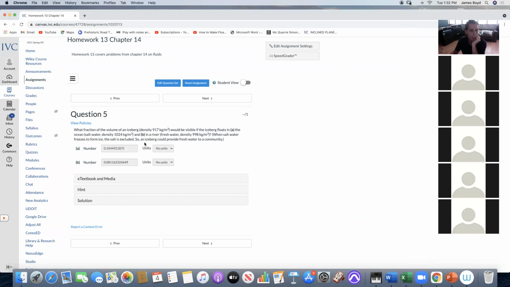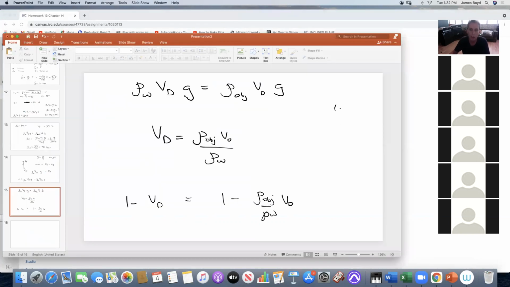Here, the density divided by saltwater, 1024 for salt, 998 for fresh. The iceberg is what, 917?